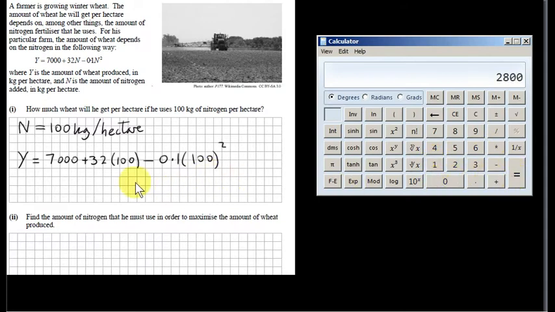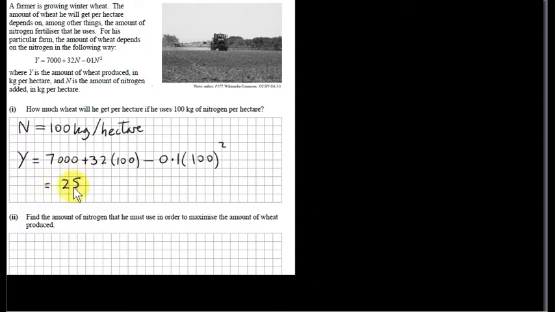So we get 2800. And since Y is also in kilograms per hectare, we have to write down these units.